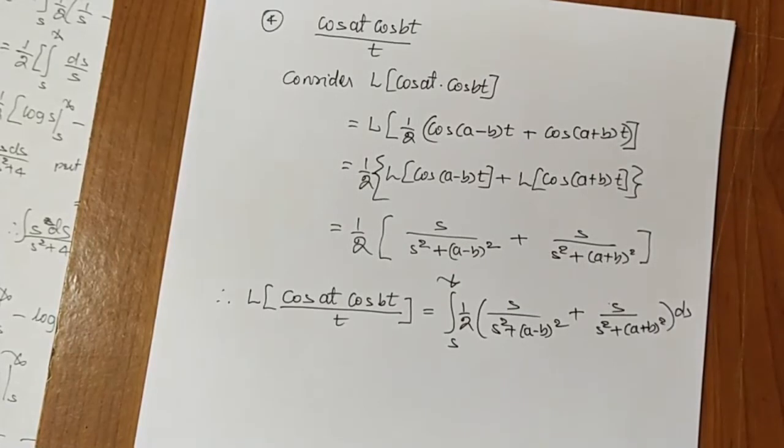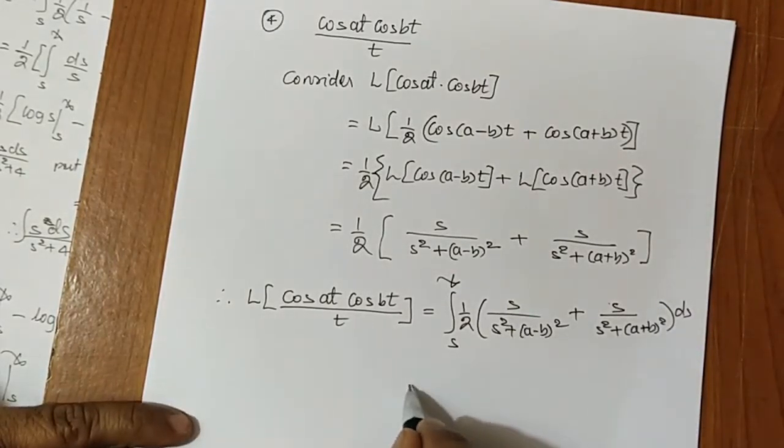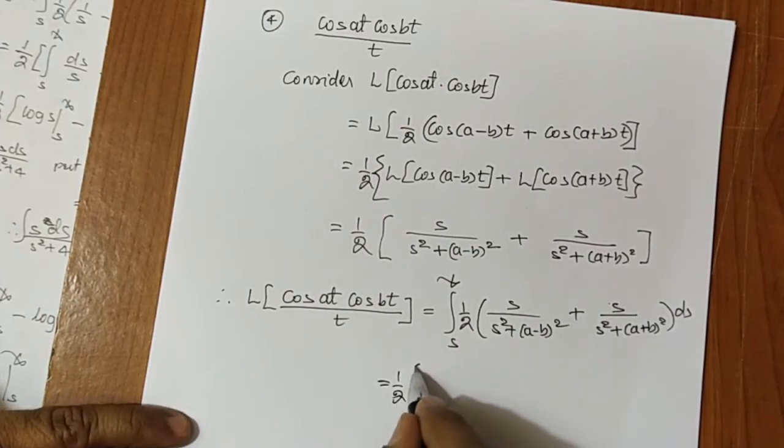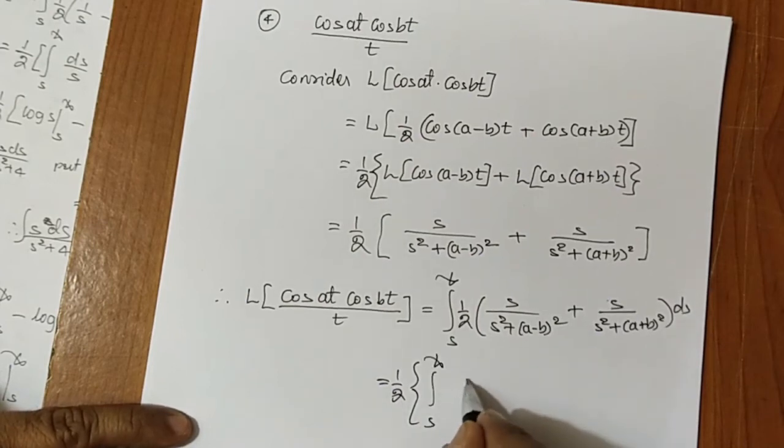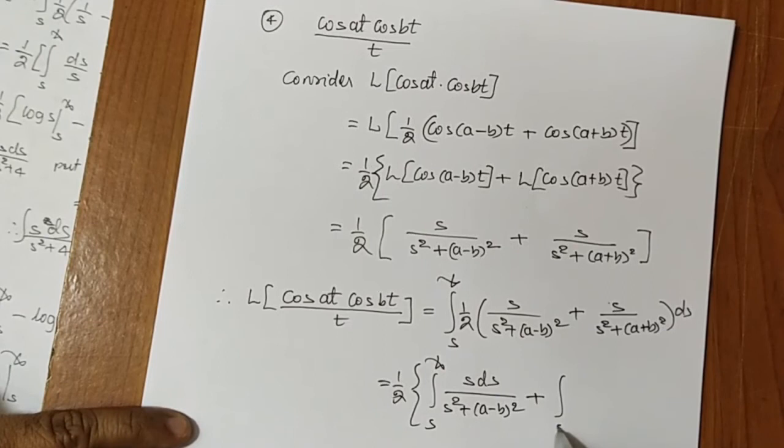Right. So this will be equal to half of, integration from s to infinity s ds over s squared plus (a minus b) whole squared, plus integration from s to infinity s ds over s squared plus (a plus b) whole squared.